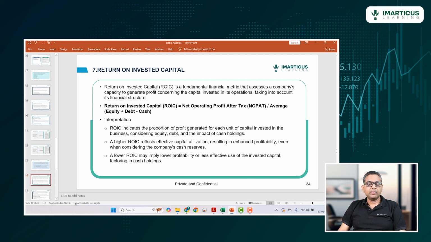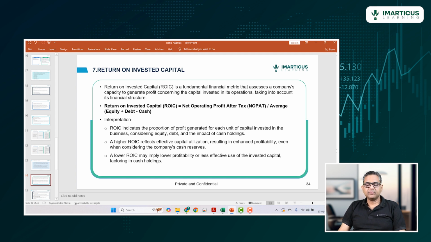So here we are talking about debt plus equity minus cash. So whatever the company has not yet invested, that is still sitting as cash in the balance sheet, we are deducting that. So whatever is the invested capital, that is debt plus equity minus cash, what are the returns we are able to generate on that invested capital, that is captured through ROIC.